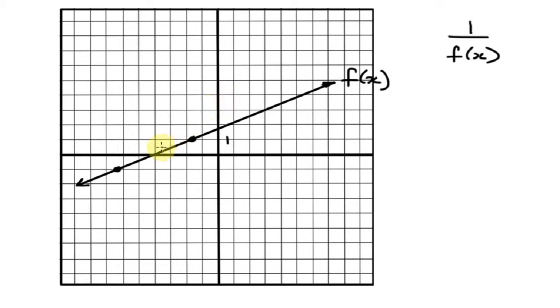Next thing I have is right here at negative 4, looks like I have a y value of 0, and that means I'm going to put in a vertical asymptote. So we're just going to draw that in there. All right, that's probably good enough. So I already have 2 points on my graph and a vertical asymptote.